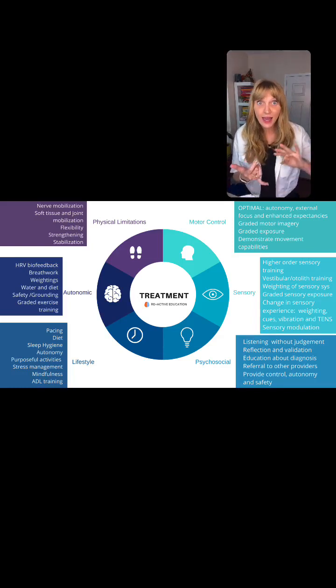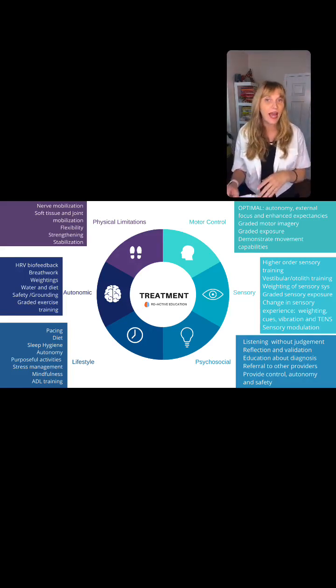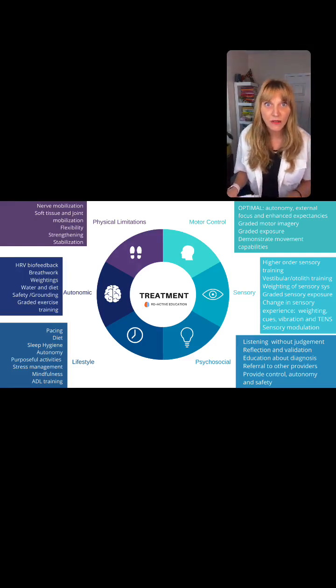So assess it and then go into treatment. Some of my favorite things for proprioception are using an external focus to recalibrate joint proprioception. So the laser headlamp on the head, I like to put it on body parts and use a target for accuracy. Really, really helpful.